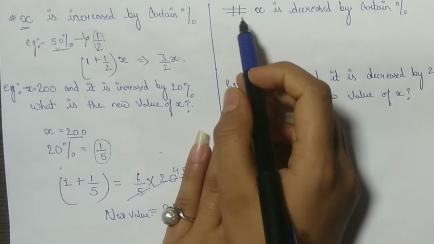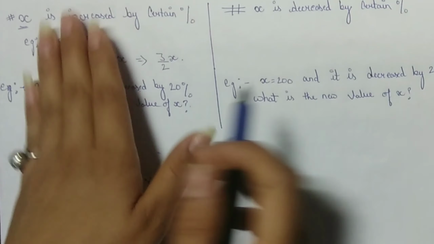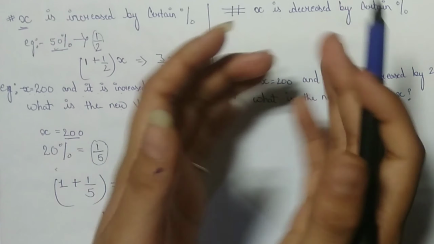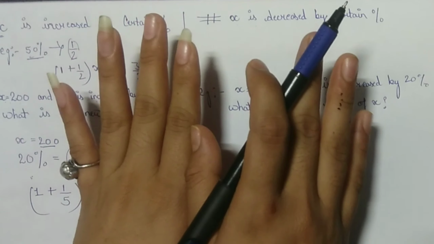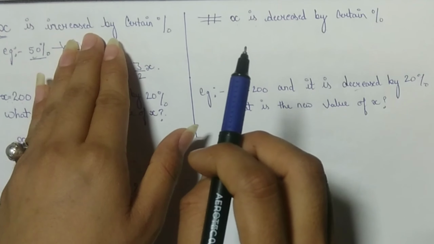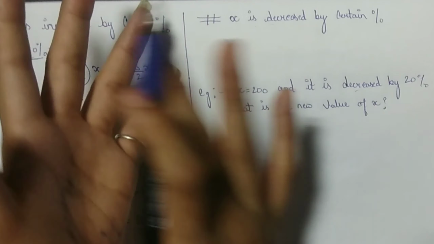So now understand another concept, that is, X is decreased by a certain percent. Here X is increased by a certain percent, and here X is decreased by a certain percent. It is completely the same, but in increasing we are adding, and in decreasing we need to subtract.